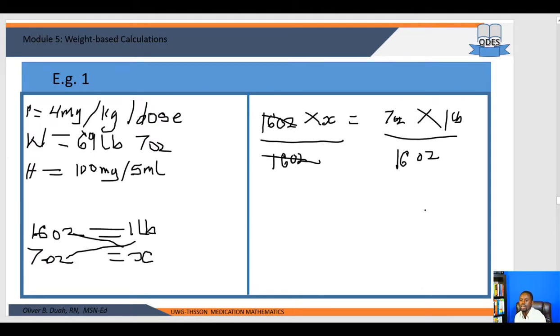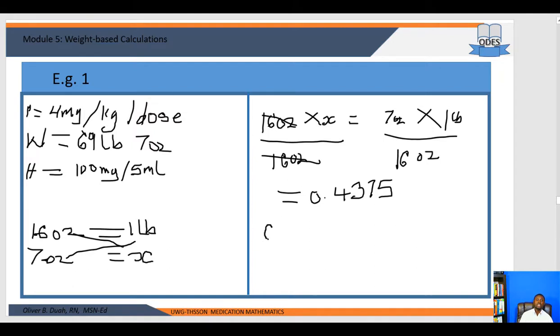So let's use our calculator to do that. And we are going to obtain 0.4375. After we have our ounces converted to pounds, then we add this to the pounds.